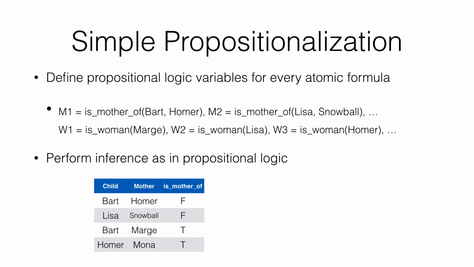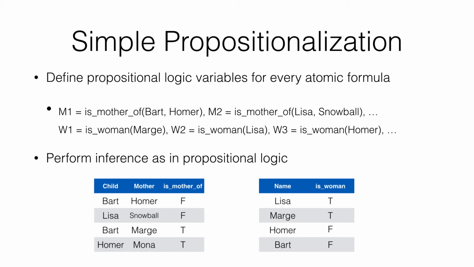And you can have binary relations, where it's a relationship between two individuals, or it could be a unary relation where it's just checking some attribute of the different constants, in this case they're people. And that's okay, but we haven't done really anything that different from propositional logic at this point.